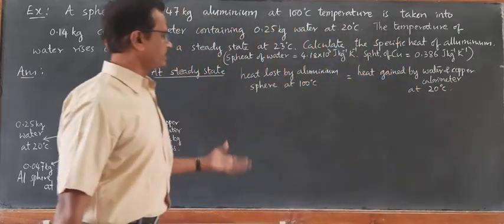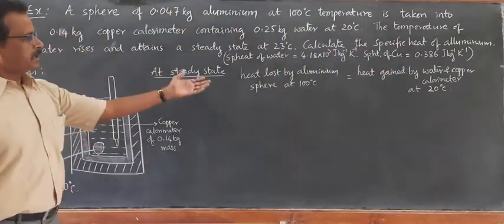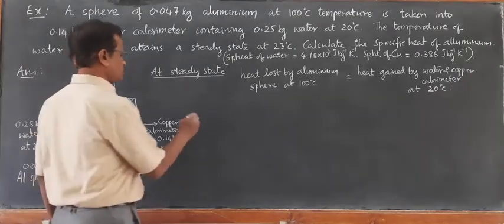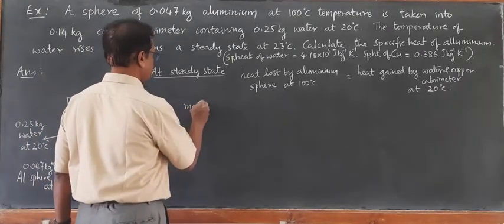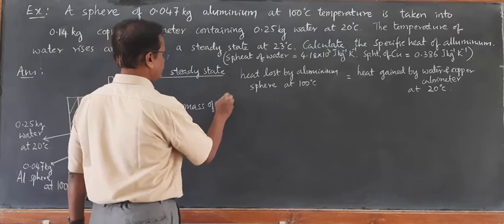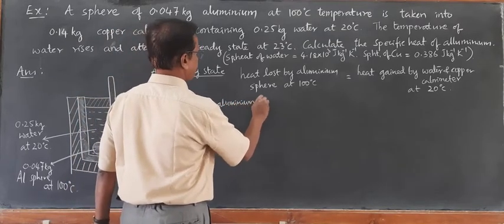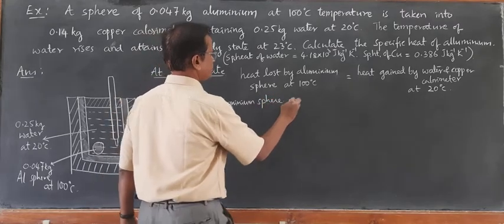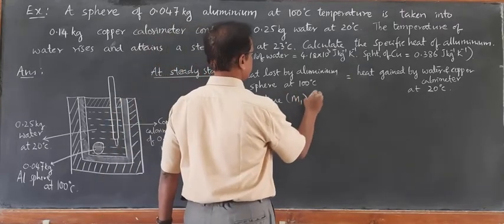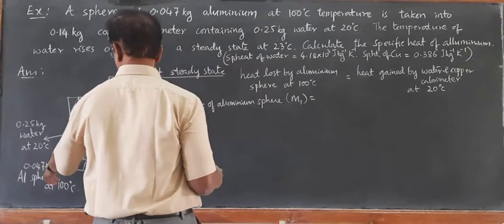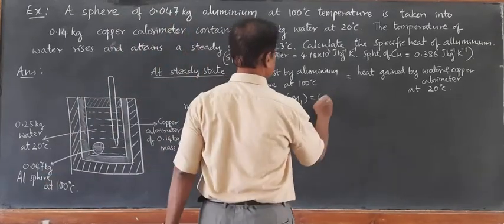So first we will calculate the heat lost by the aluminium sphere. First I will write the mass of the aluminium sphere. We take it as M1. M1 is equal to 0.047 kg.